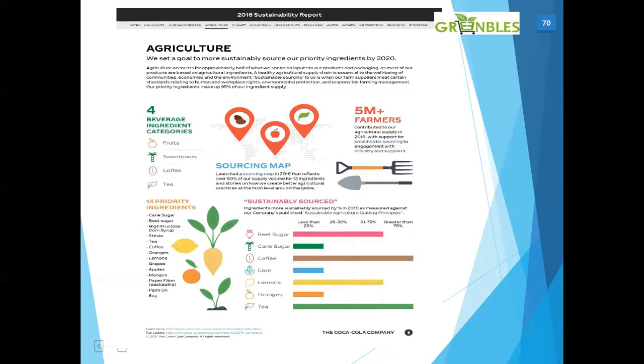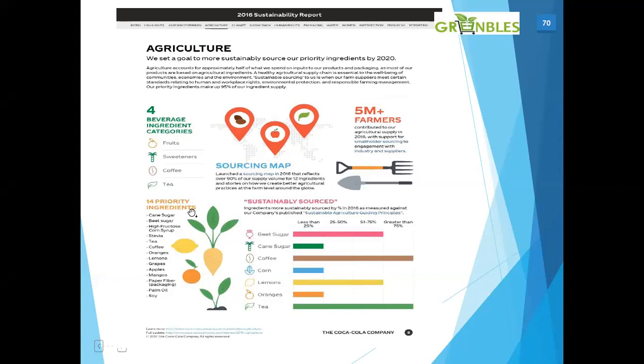This is Coca-Cola. Coca-Cola company, and you look at it here, these are one of the core primary raw materials, and they source it from over 5 million farmers around the globe. You understand? So they have a map.